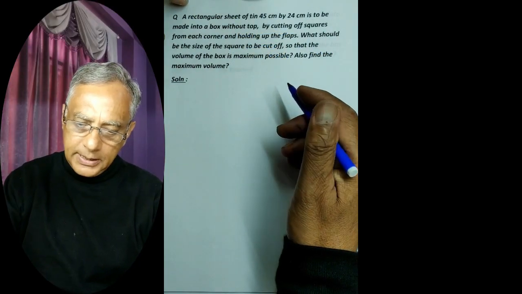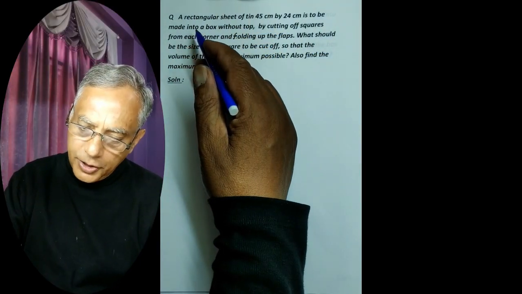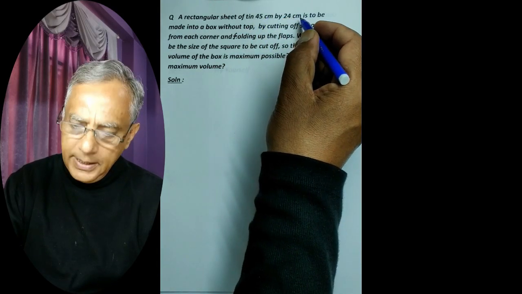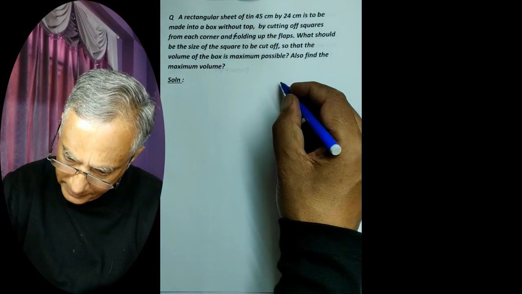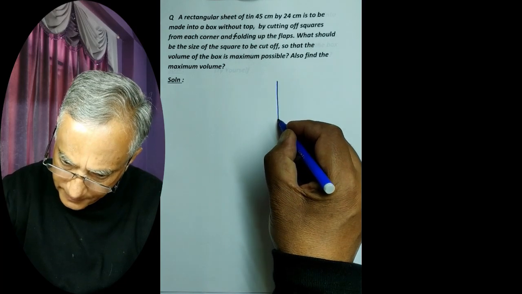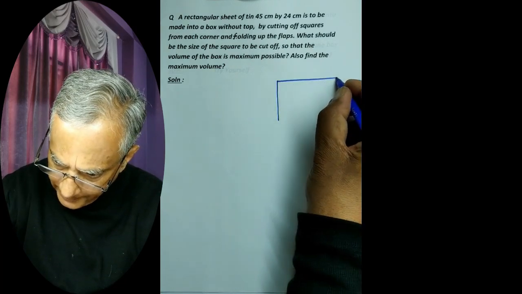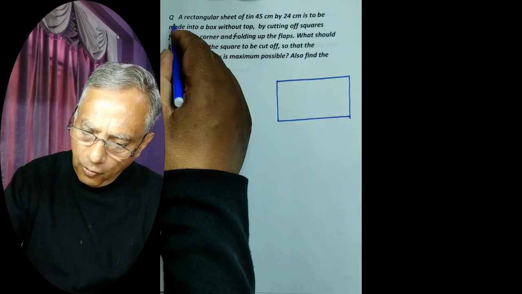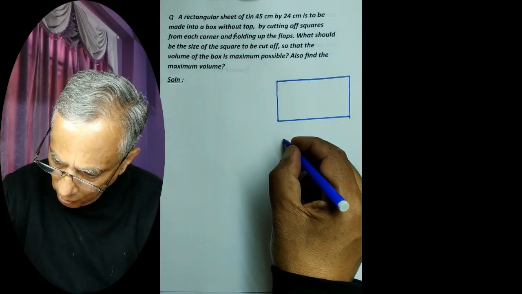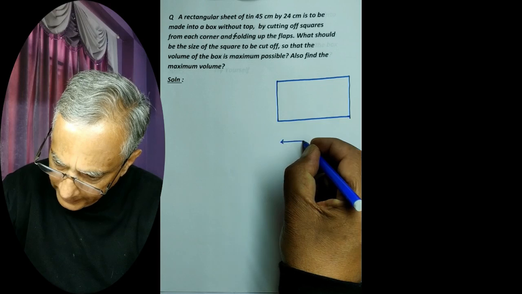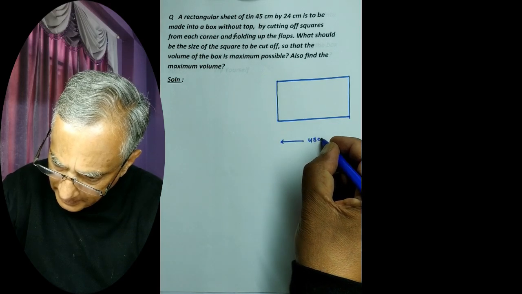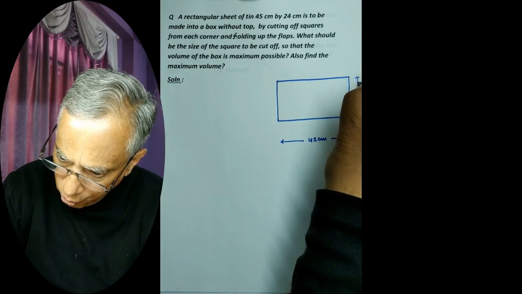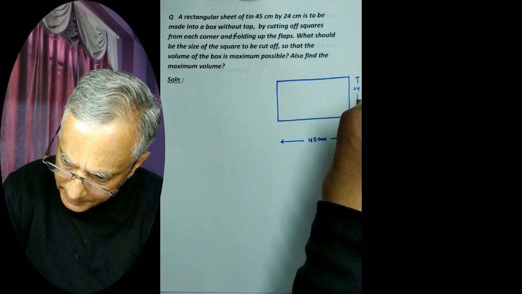Now next question is a rectangular sheet of tin 45 centimeter by 24 centimeter. Let this be the rectangular sheet of tin. A rectangular sheet of tin of length 45 centimeters and its breadth is 24 centimeters.